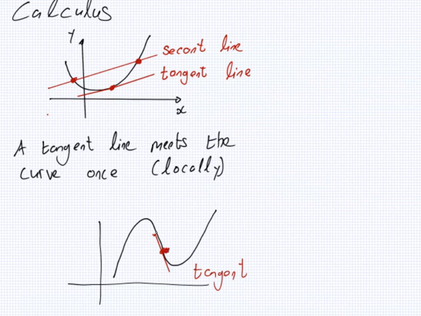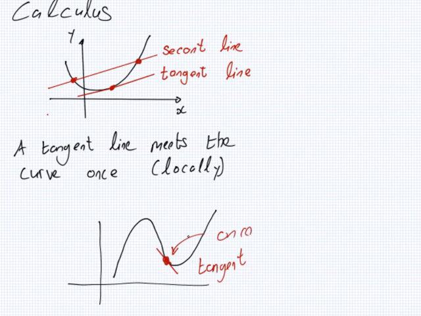I know you might say, well hang on, if I continue the line up here, it'll meet it up, it's really, hang on, draw that nicer. Right, here. There, once. So I call this a tangent because it meets it once.